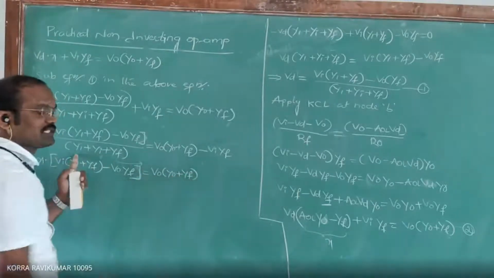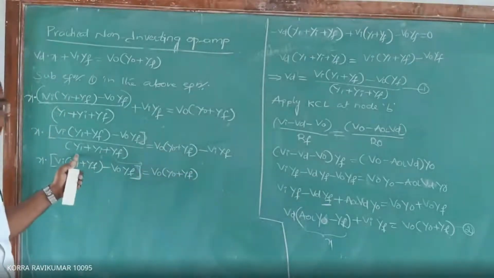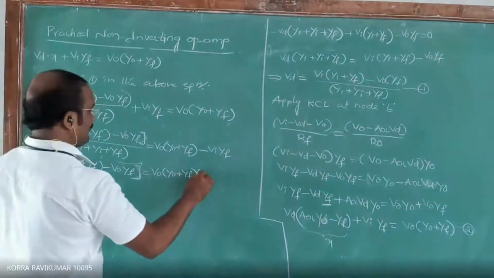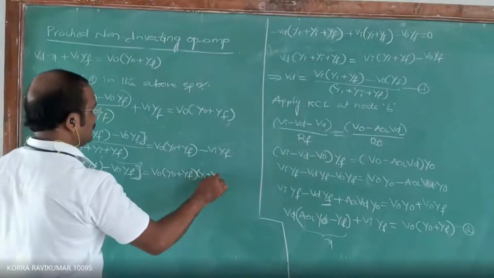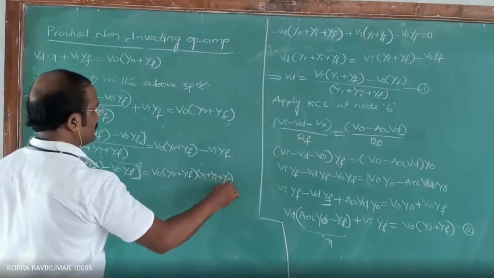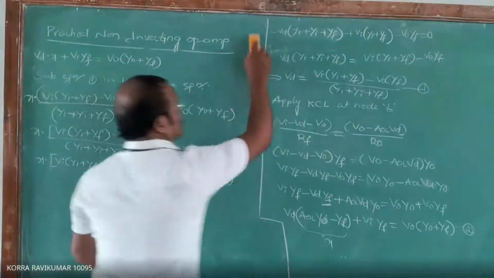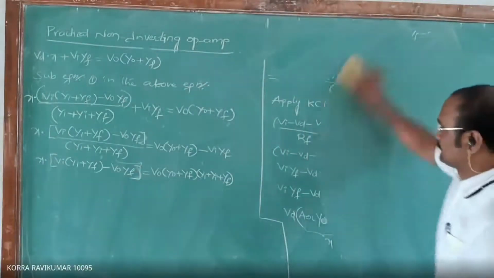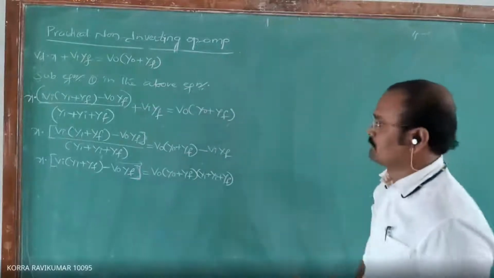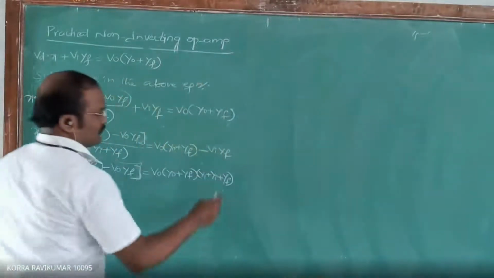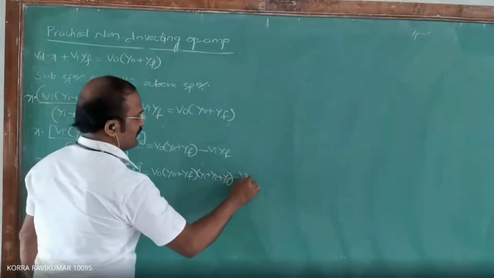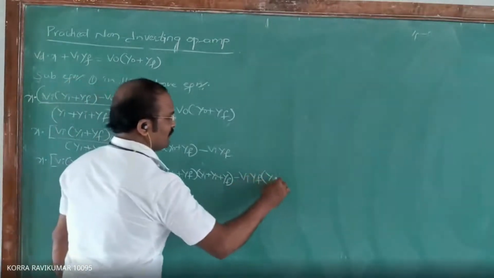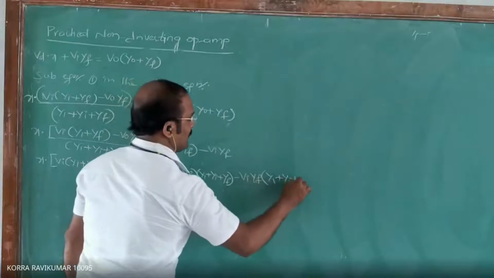If you send it to the RHS side, it goes to the numerator and multiplies with that particular term. So (Y1 plus Yi plus Yf) minus Vi into Yf of (Y1 plus Yi plus Yf).